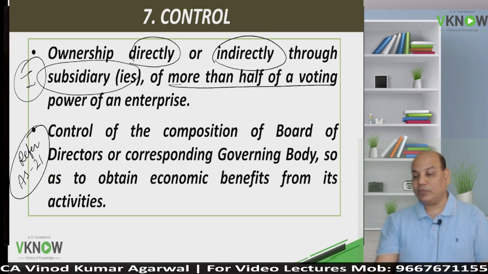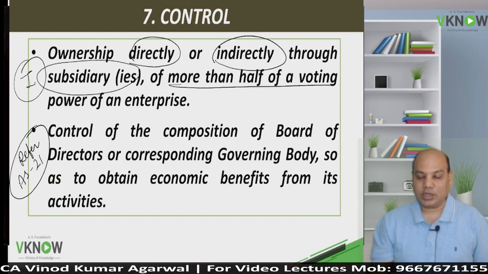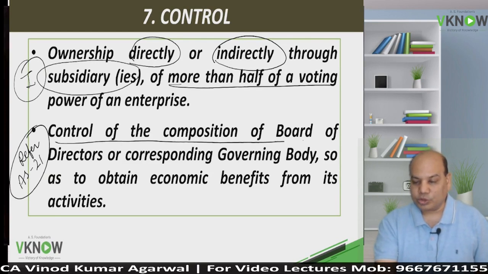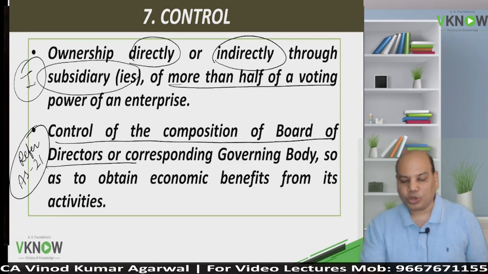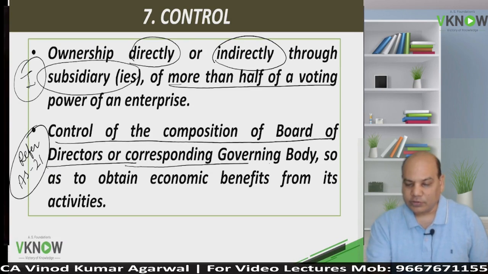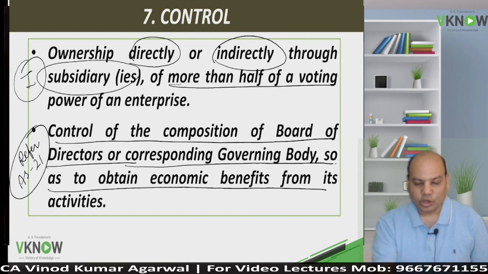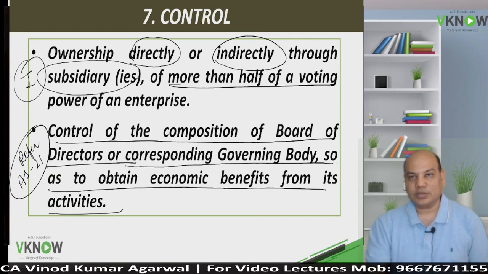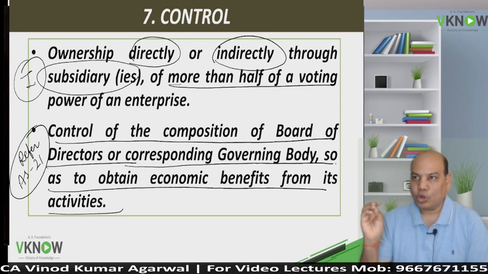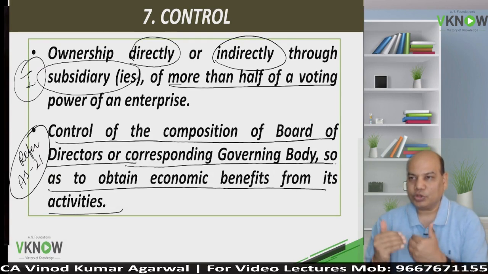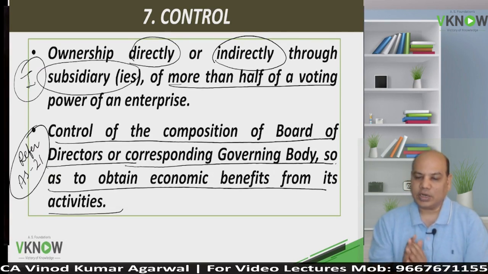But there is another way of exercising control, and that is controlling the composition of the board of directors or corresponding governing body so as to obtain economic benefit from its activities. That means if you are able to control the board of directors or governing body, then also it is assumed that you exercise control over the other entity.